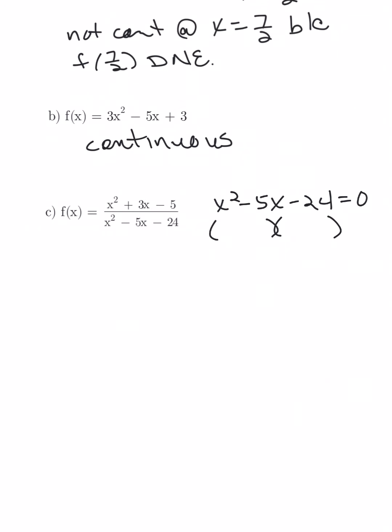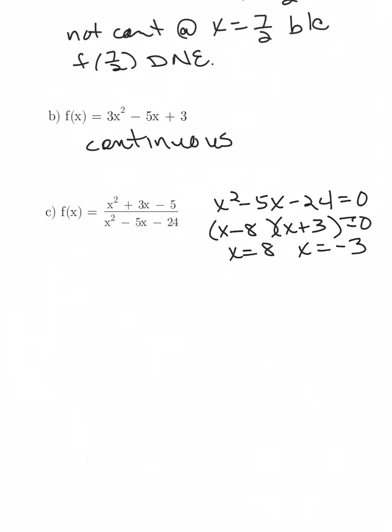This does factor. This factors into x minus 8 times x plus 3. So the places where this function has a denominator equal to 0 are at 8 and negative 3.